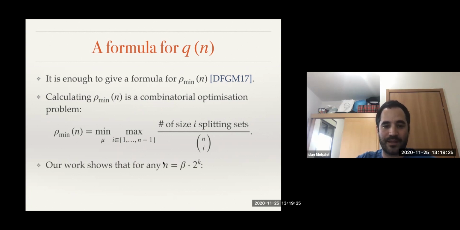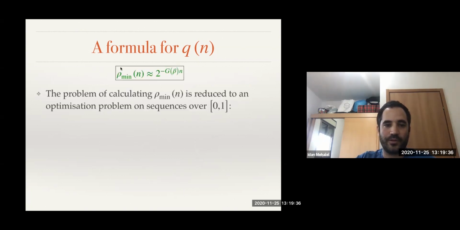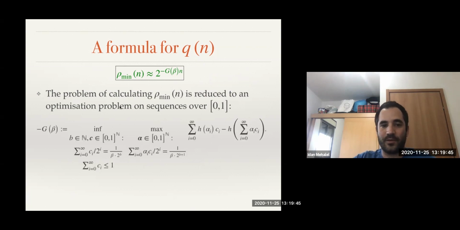And our work shows that for any n, which is beta times some power of 2, the minimal MRD is this value, 2 to the minus g of beta n. So this is our result. So we can basically say that what it does is reduce the problem of calculating the minimal MRD of n to this optimization problem over sequences in the real segment 0, 1.